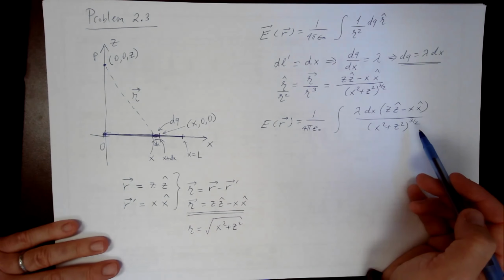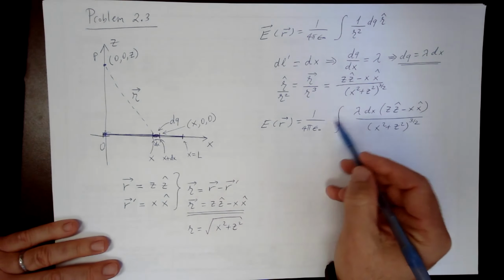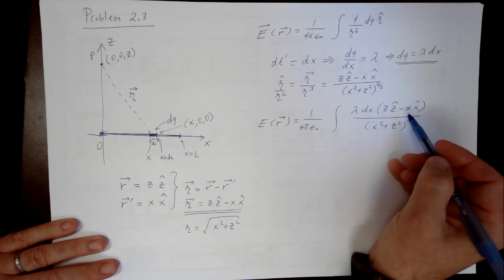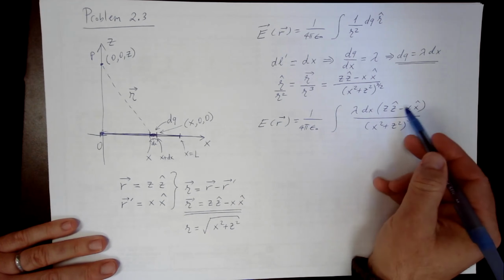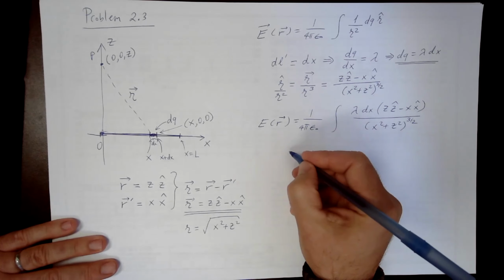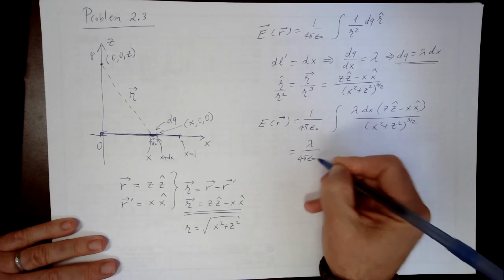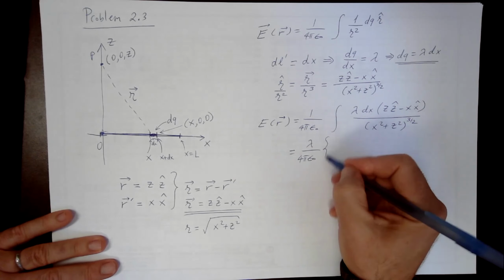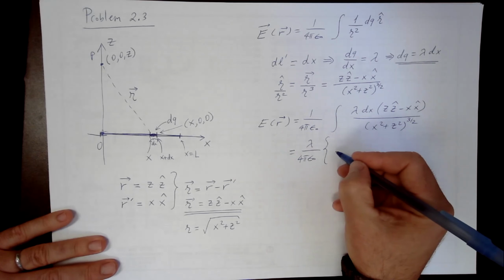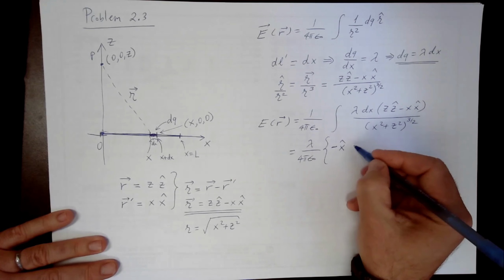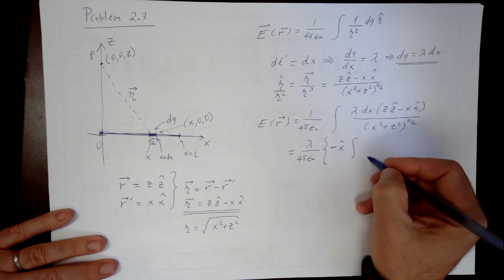Okay, so I can write this in two separate integrals, one for the x component, one for the z component. So lambda over 4 pi epsilon naught, and then I can say, all right, I need to have minus x hat integral.